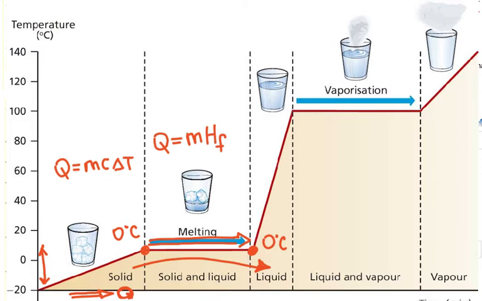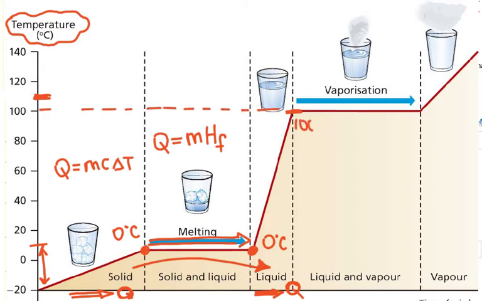And then again, you get the liquid, and the more heat you keep adding into the system, the temperature is going to be rising. And when that temperature gets to the boiling point, and right here we see it is 100 degrees Celsius, so for water it would be 100 degrees Celsius.